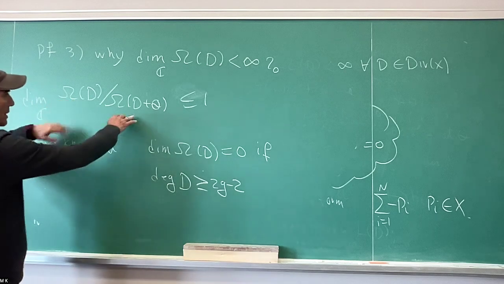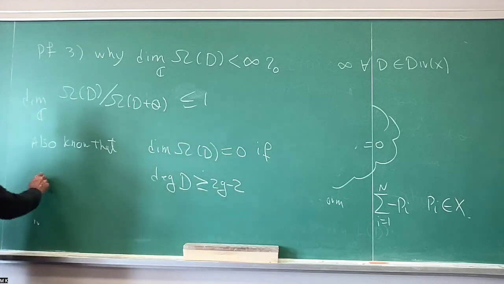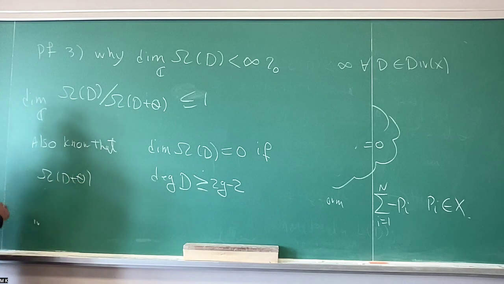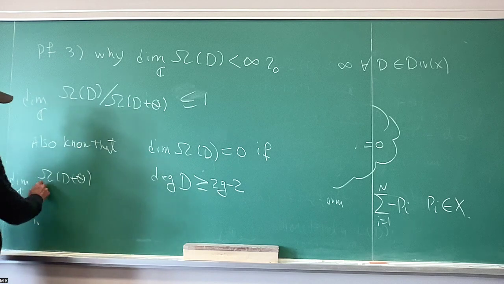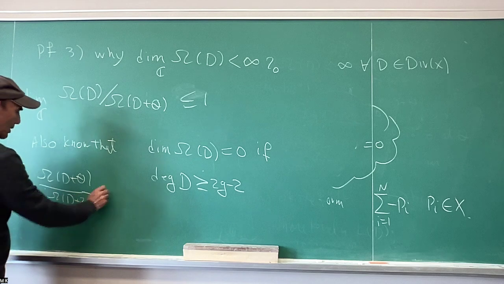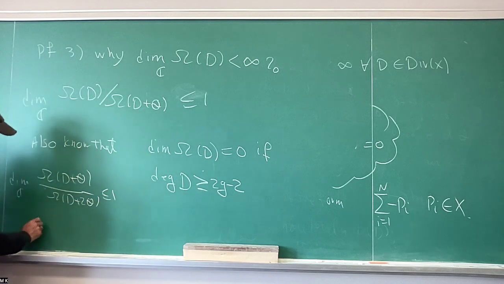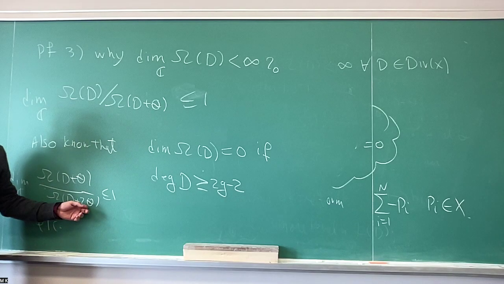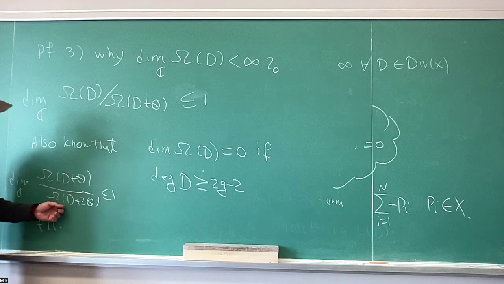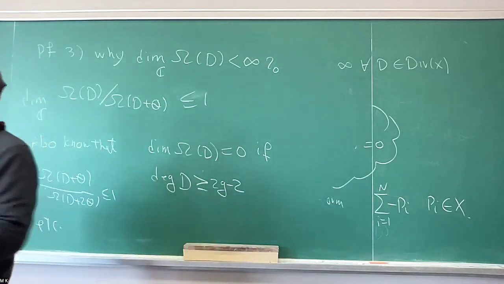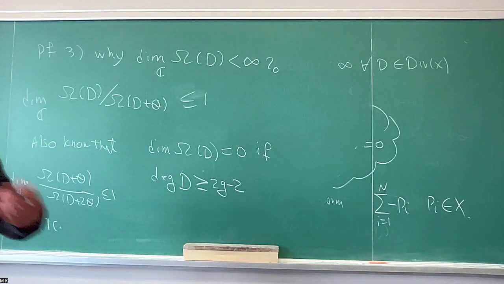Well, we just continue the chain, omega of D plus Q. The dimension of this over omega of D plus 2Q, for example, is less than or equal to 1, etc. So you add enough points such that this becomes a divisor of degree bigger than or equal to 2g minus 2, and we can do that by adding multiples of it.